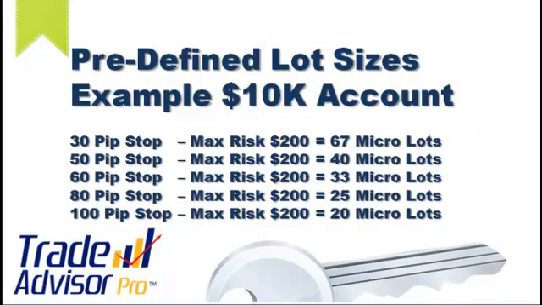Now, once you understand how to calculate your lots, before you even start trading, you should have predefined lot sizes. Here's what I mean. You should already know in advance, anywhere from 30 pips to 120 pips, how many lots you're going to be trading. Let me pull up a calculator on this screen.